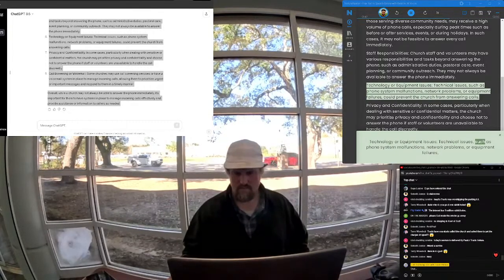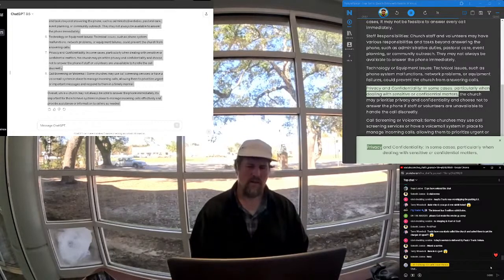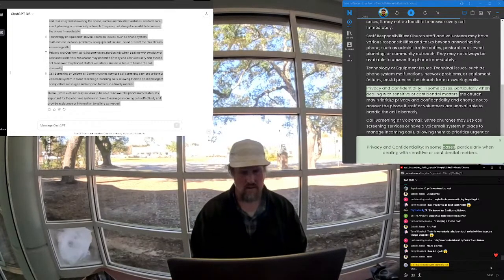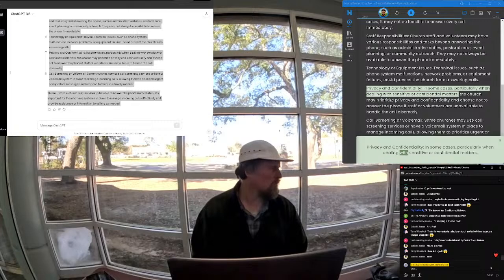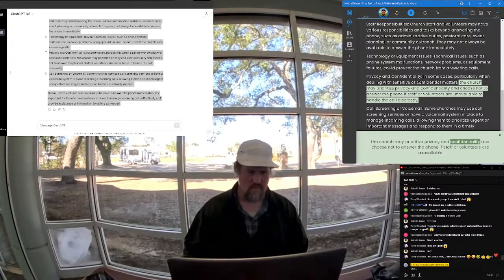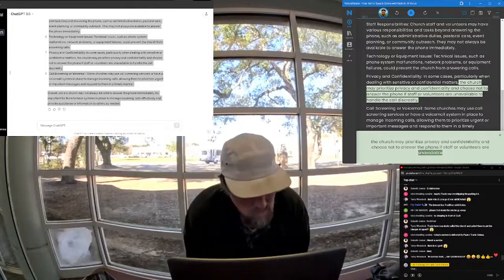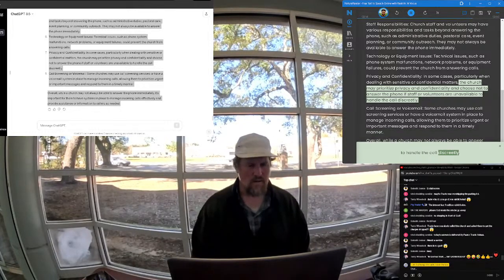Technical issues, such as phone system malfunctions, network problems, or equipment failures, could prevent the church from answering calls. Privacy and confidentiality. In some cases, particularly when dealing with sensitive or confidential matters, the church may prioritize privacy and confidentiality and choose not to answer the phone if staff or volunteers are unavailable to handle the call discreetly.